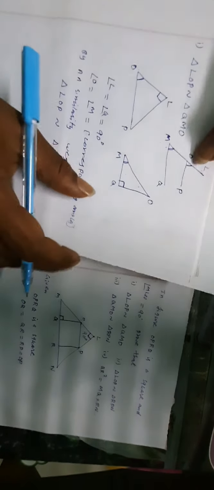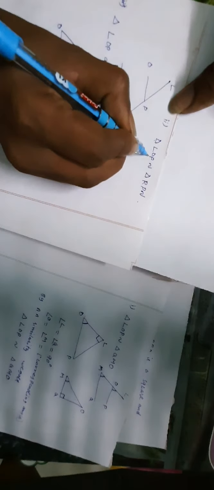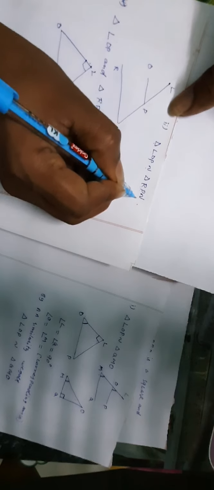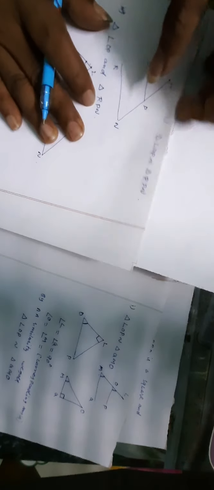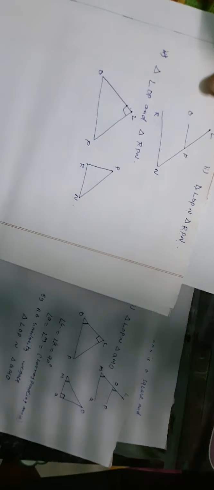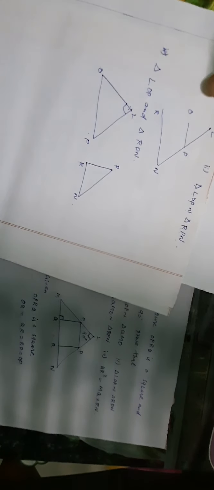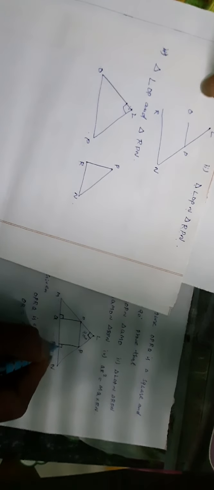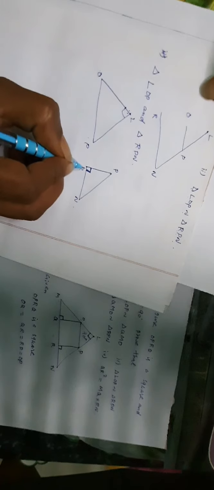Then next you want to prove triangle LOP is similar to triangle RPN. So I can take the two triangles LOP and RPN. Here R is perpendicular, so we can take R as 90 degrees.